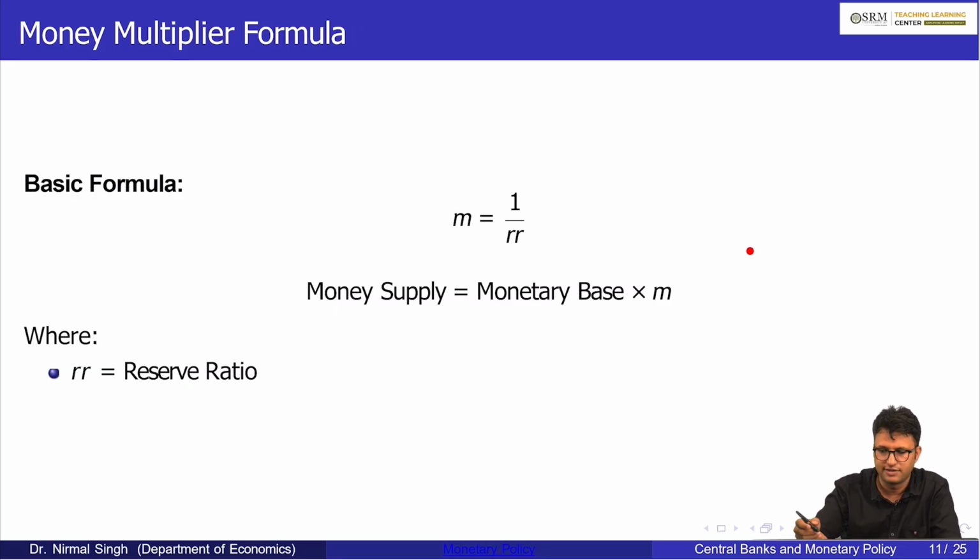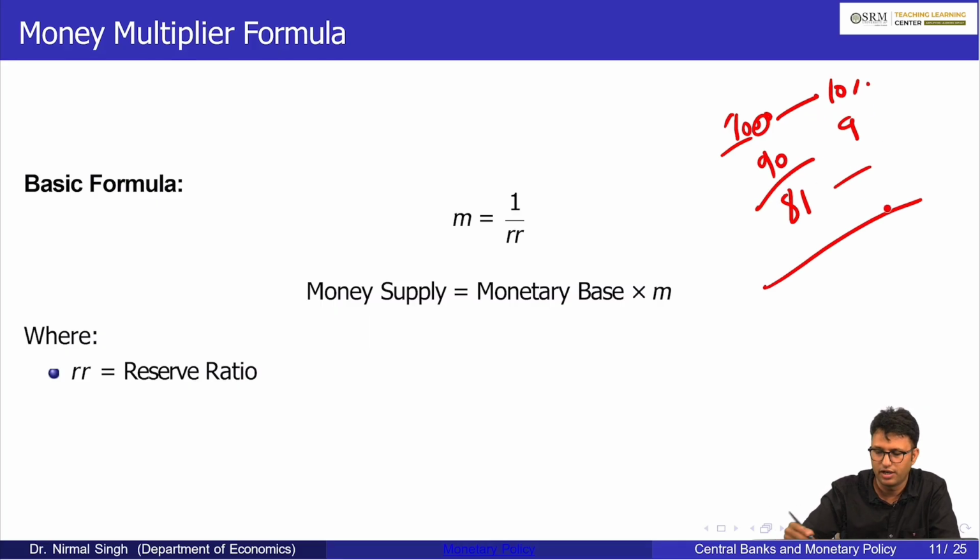So as I was discussing, we started with the example of 100 rupees, and out of that certain reserves are kept with the banks, and the rest of the money is given as credit. So 10% is kept, 90 is given, and then 9 is kept, 81 is given, like that it keeps on going and adds up.